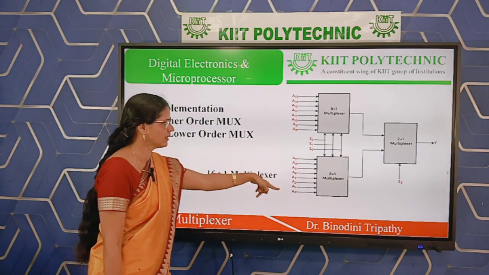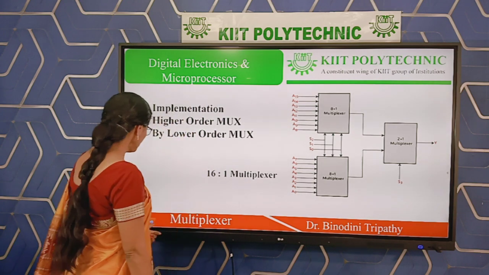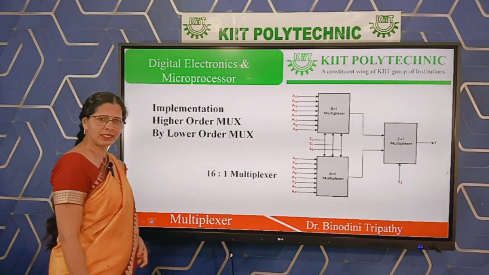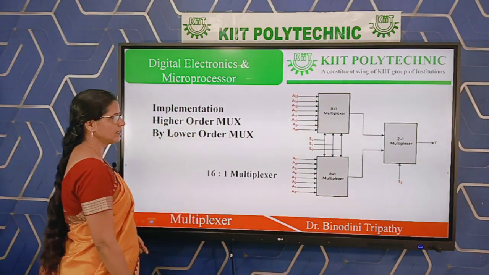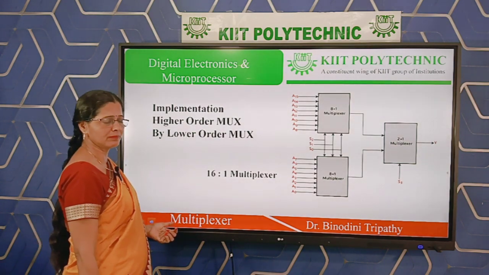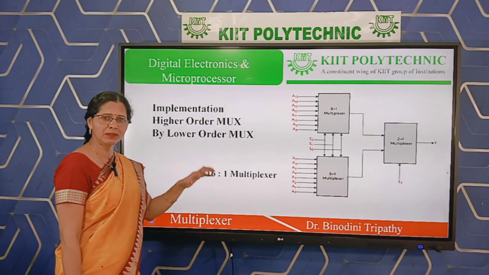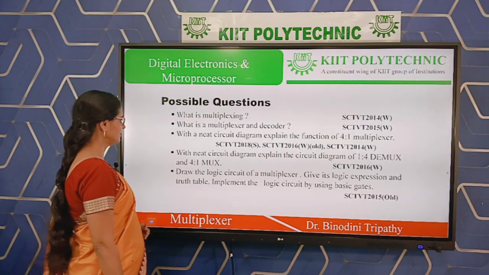It must have 16 inputs, 4 selection inputs and 1 output. So this is for our practical device manufacturing. There are many techniques; I will show in a later slide how practically the mux is used. This is only the fundamental of how we implement the basic circuits.